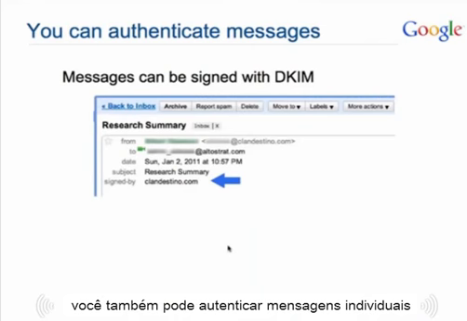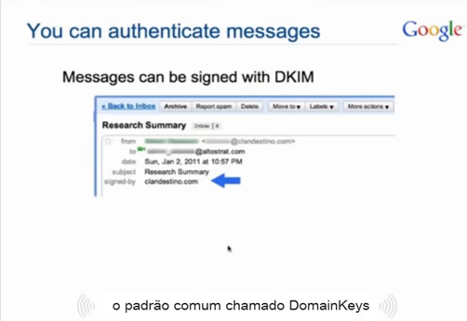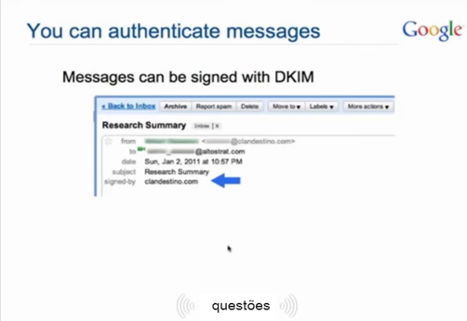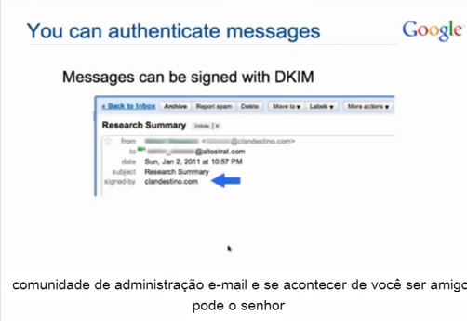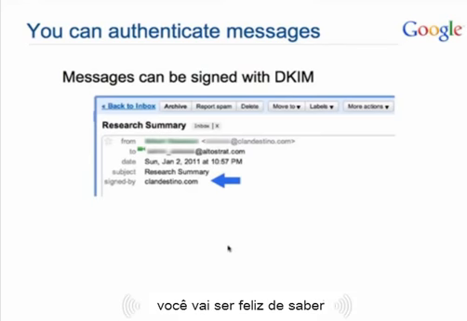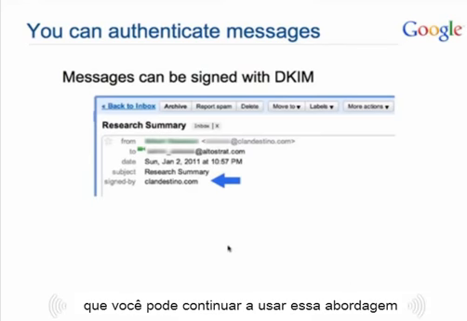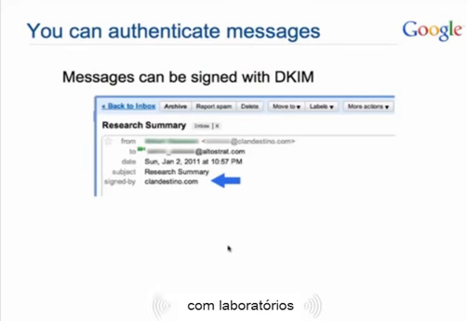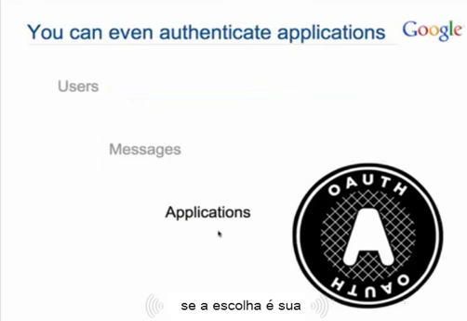You can also authenticate individual messages using the common standard called DomainKeys. DKIM is used widely through the email administration community, and if you happen to be a DKIM user, you'll be pleased to know that you can continue to use that approach with Google Apps and even conserve your existing domain keys if that's your choice.